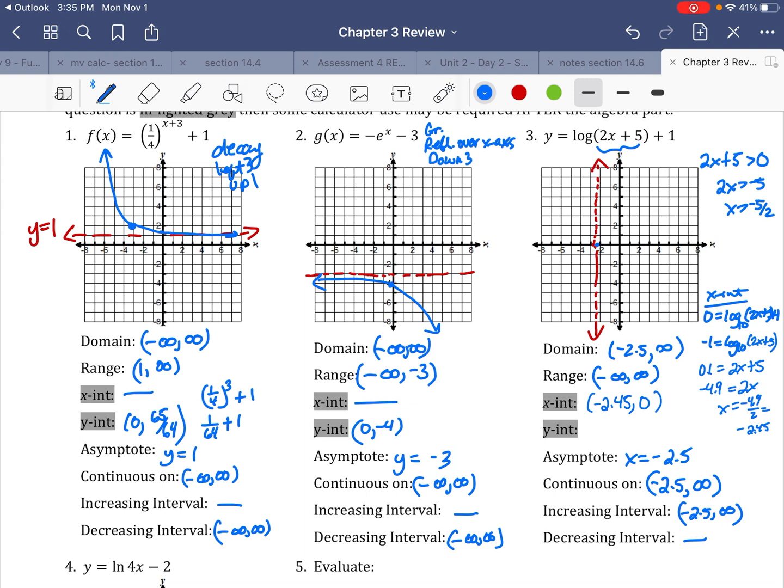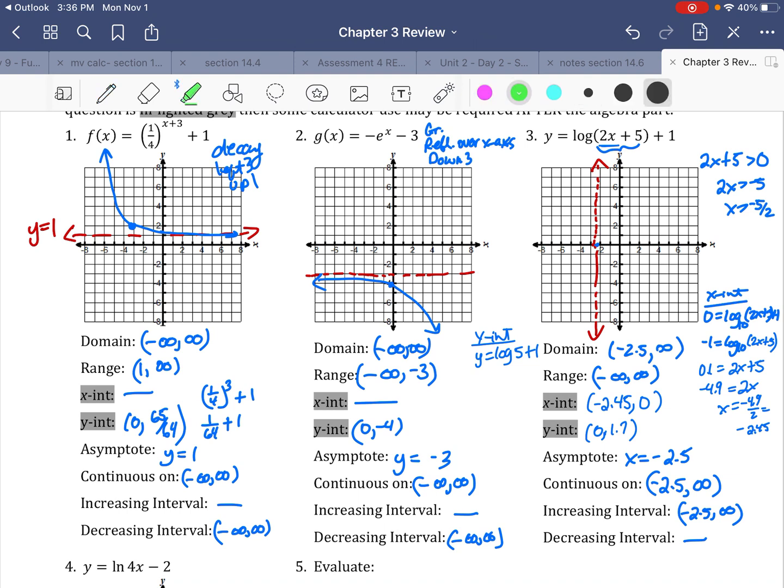My y-intercept is when x equals 0. So when x equals 0, y equals log, this part would be 0, so it would be log of 5 plus 1. So I would have to go to the calculator for that, but you could tell me that it was log of 5 plus 1, and then if you needed to, you could go in the calculator, you could calculate that to be 1.7, 0 and 1.7.